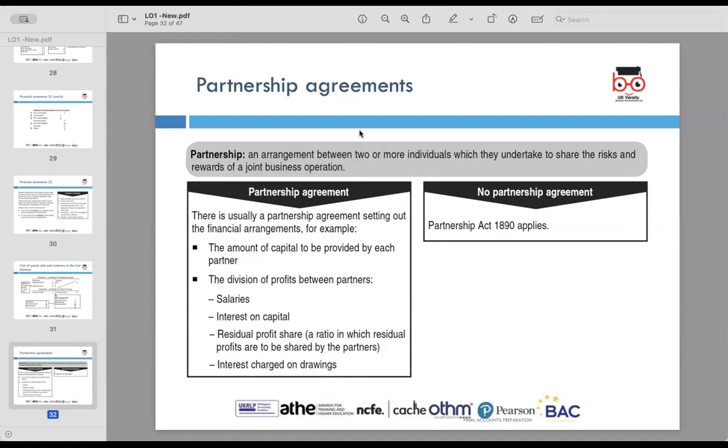Flexibility and adaptability: partnership agreements can be customized to suit the unique needs and circumstances of the partners and the business, allowing for flexibility in management and operational decisions. So understanding partnership agreements is essential for partners to establish legally compliant business structures, fostering trust and collaboration while ensuring financial stability and growth.